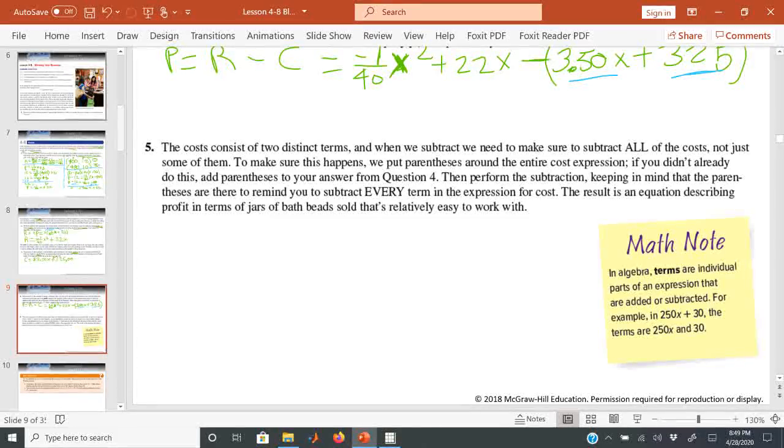The resultant is an equation describing profit in terms of jars of bath beads sold. That's relatively easy to work with. Okay.